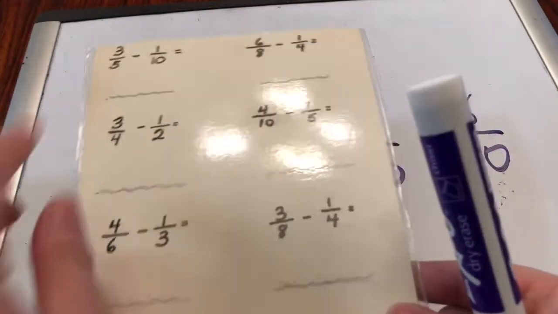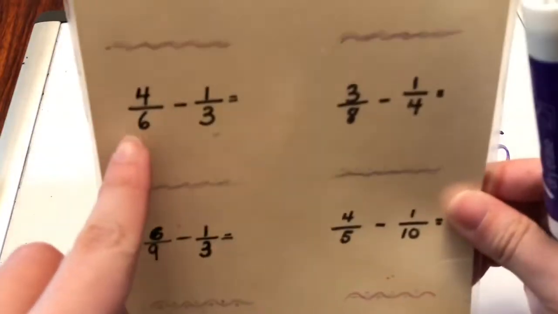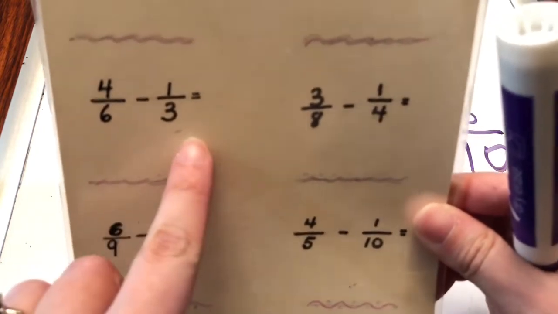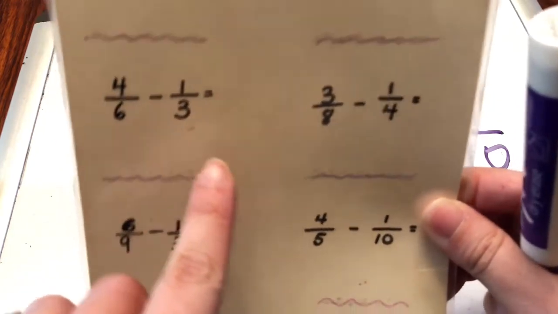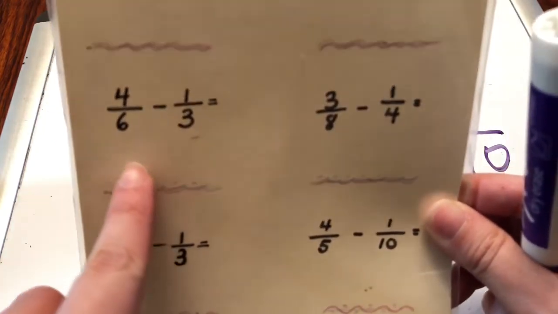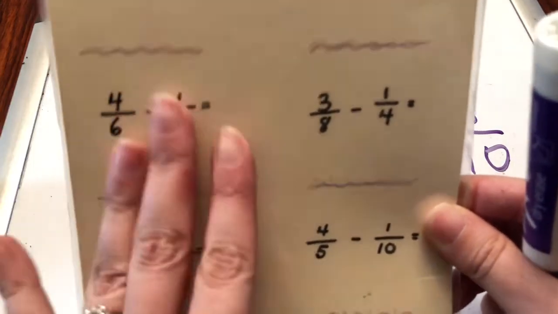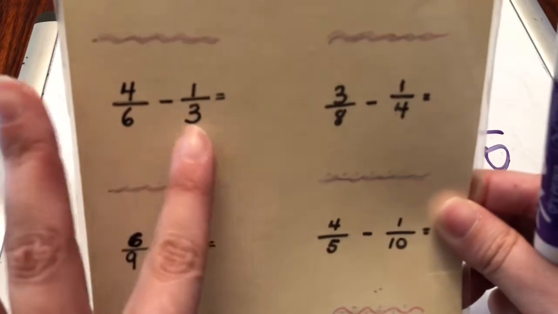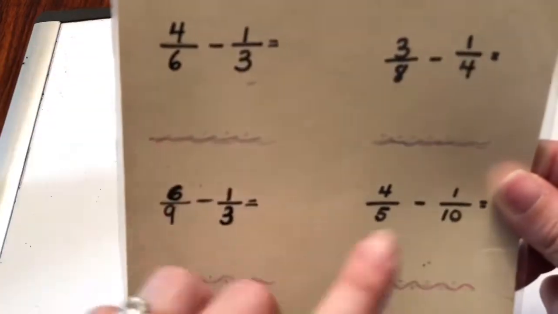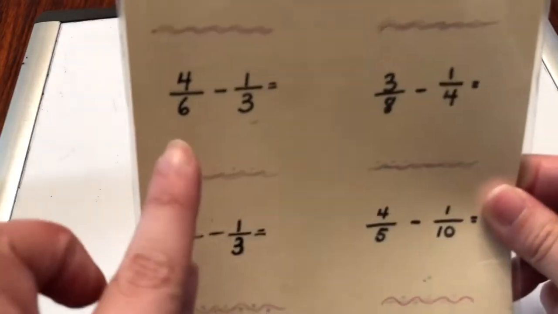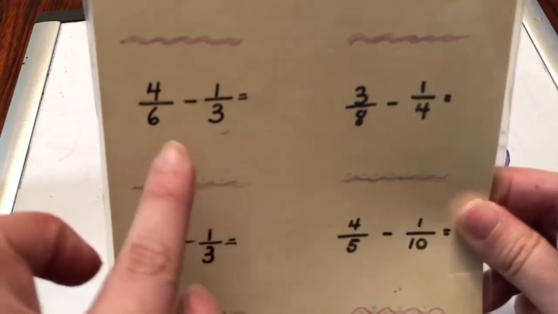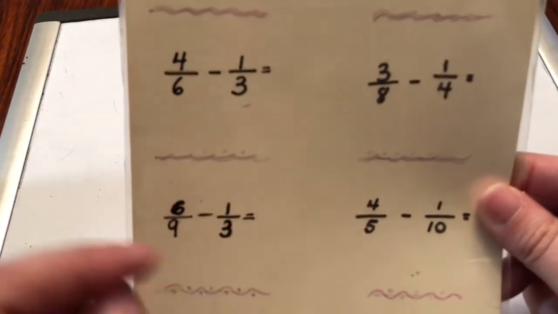On your follow-up work, there is a space underneath each problem. If you can, I want you to change the problem so that it will fit. This is a subtraction one, which you will be doing, but we're going to talk about subtraction in a moment. So you're going to rewrite the problem once you've changed the number.